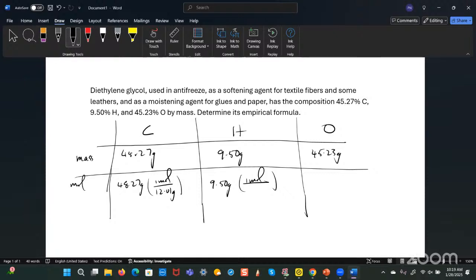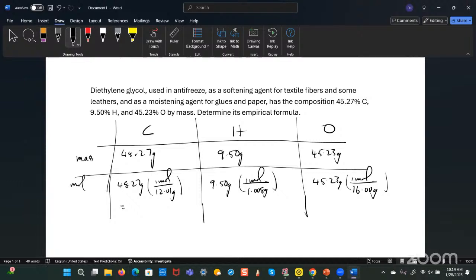What's the molar mass of hydrogen? 1.008 grams. And then in the case of oxygen, it's 45.23 grams multiplied by 1 mole over 16.00 grams. Okay. So we need to work these out.